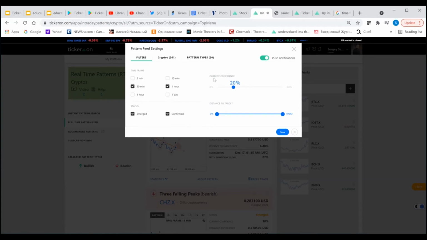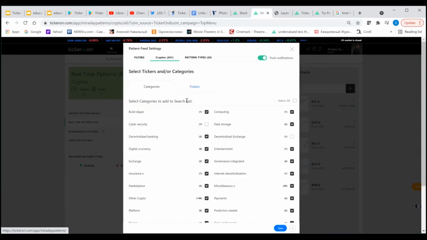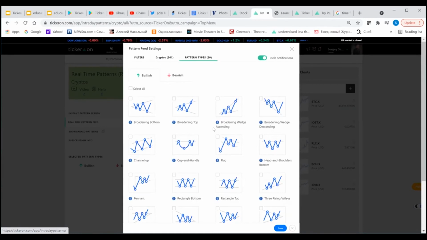Okay, the confidence level here is 20%. I can set it up more or less, and the same thing for distance to target, confirm both and emerged, and then look at what kind of cryptos you see, all of them. Pattern types, okay? Some people like to trade specific ones. That's when you construct your own robot.